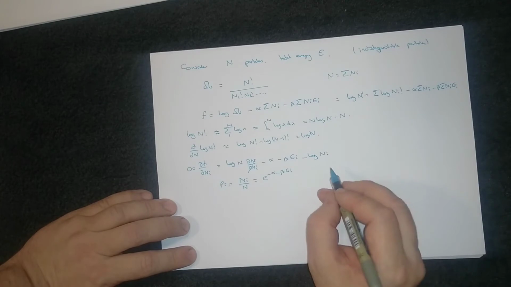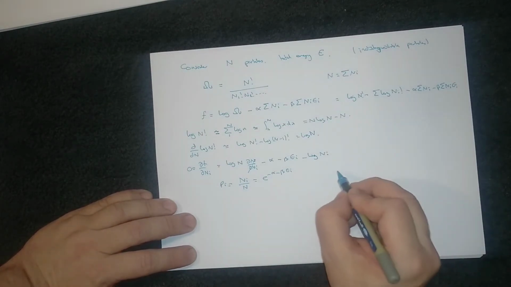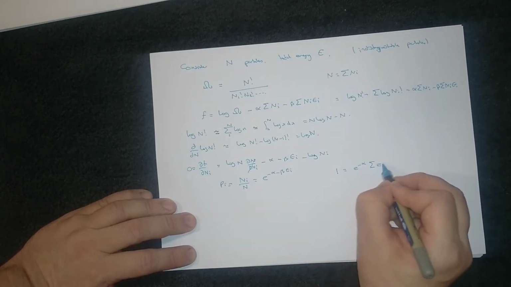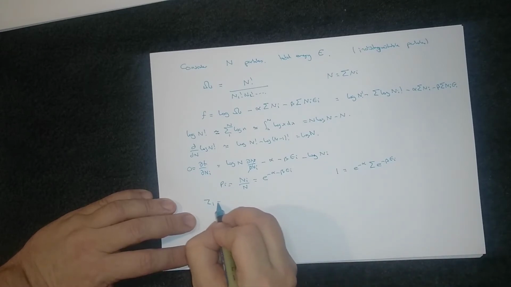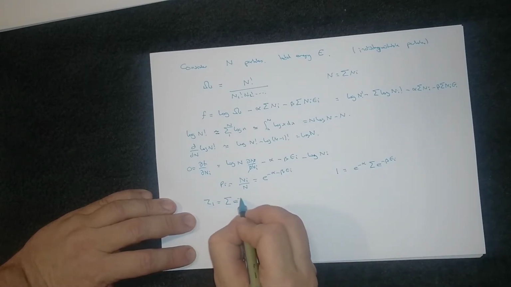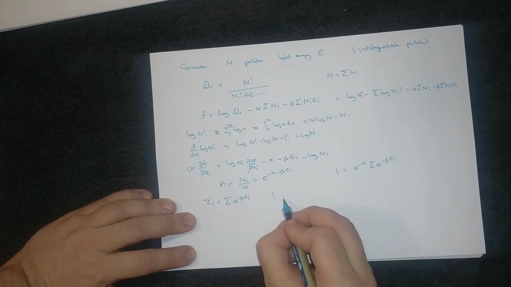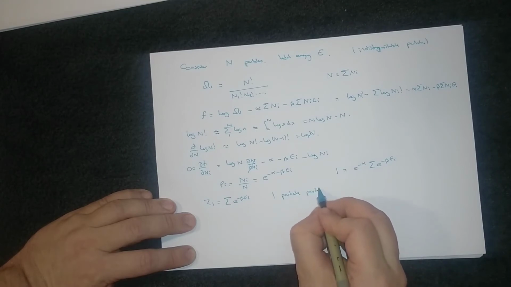Now we know that the sum of the probabilities is 1, or equivalently the sum of the ni is n. So we get 1 is equal to e to the minus alpha times the sum of e to the minus beta ei. Well, let's call z1 the sum of e to the minus beta ei. This is the one particle partition function.